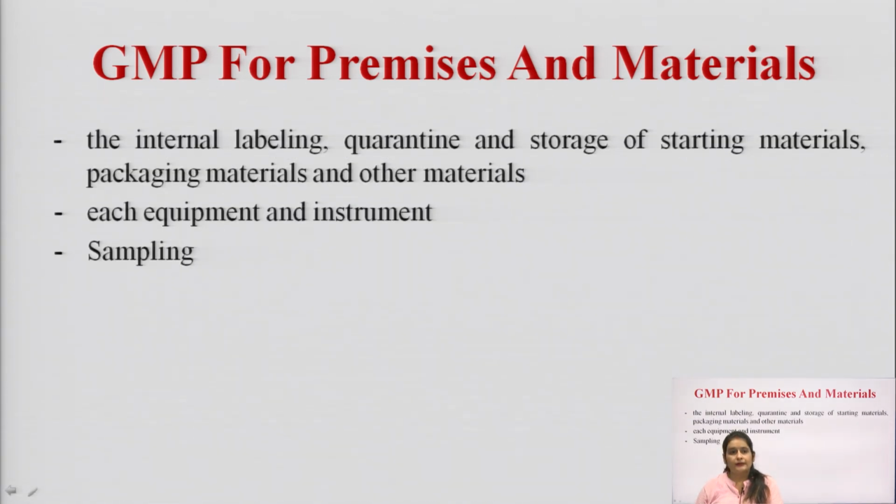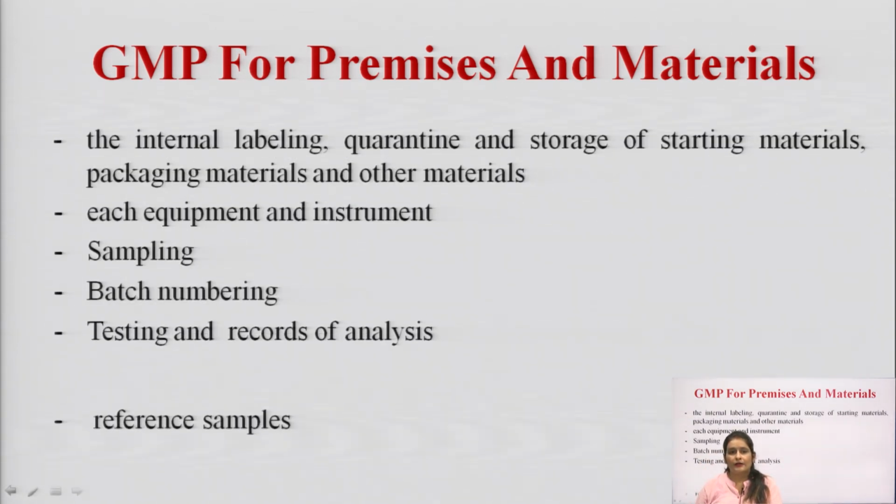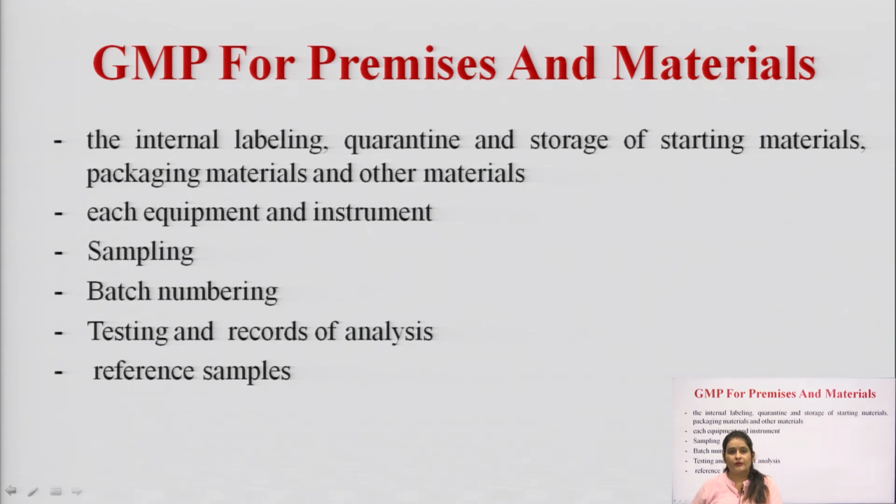The internal labeling, quarantine and storage of starting material, packaging material and other material, each equipment and instruments involved while manufacturing, batch numbering, sampling, testing and record of analysis with reference sample should also be mentioned there.